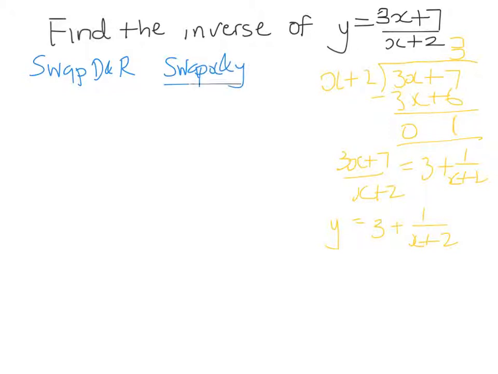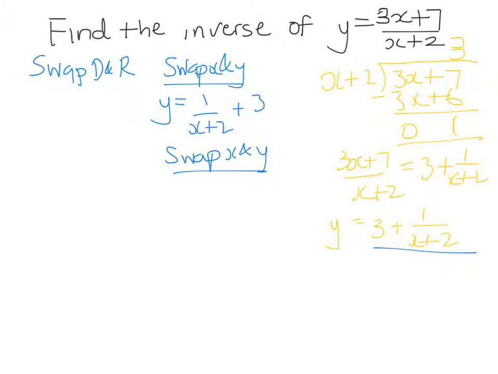Now if we swap x and y here, if we start out with this expression, 1 over x plus 2 plus 3, and we swap x and y, what we'll end up with is x is equal to 1 over y plus 2, and we've got to take that 3 across, so it'll be a minus 3.